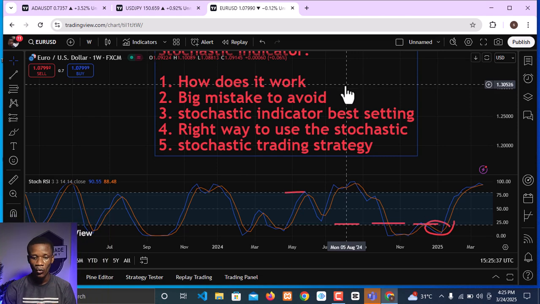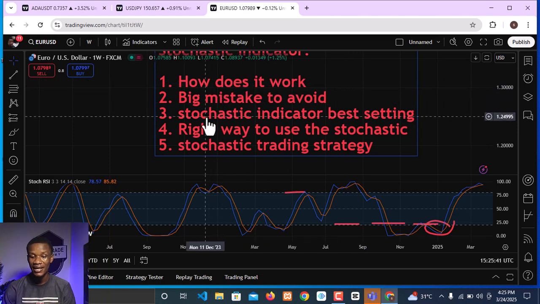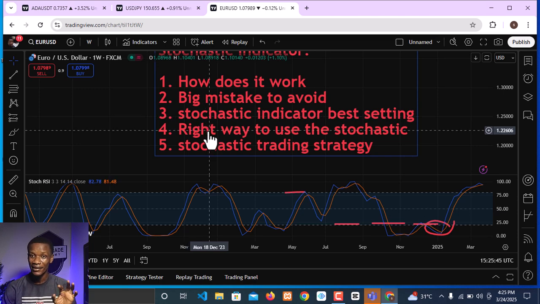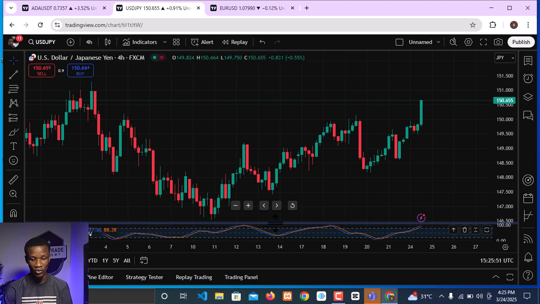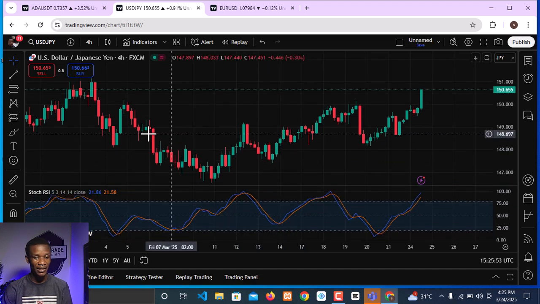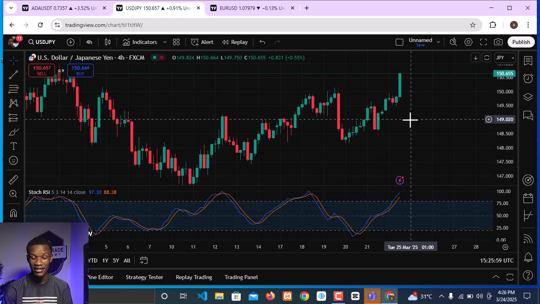Now that we know how it works, the mistakes to avoid, the best setting, and how to use it the right way, what is the strategy that we can apply right now on our chart when using the stochastic? First thing, you have to put the stochastic on your chart clearly, and I am on the 4-hour chart, USDJPY. So if you look at this chart, the market is moving upward.